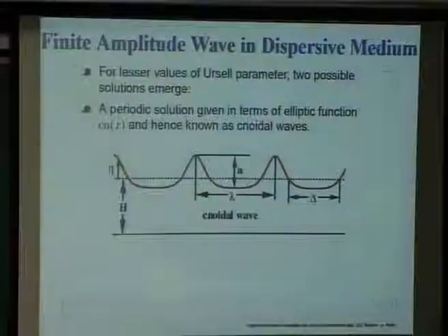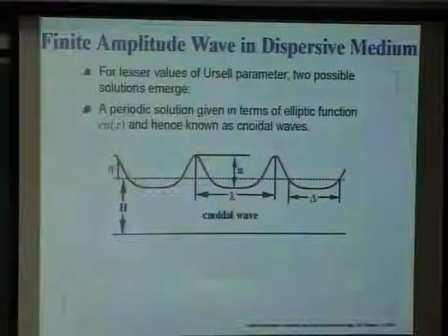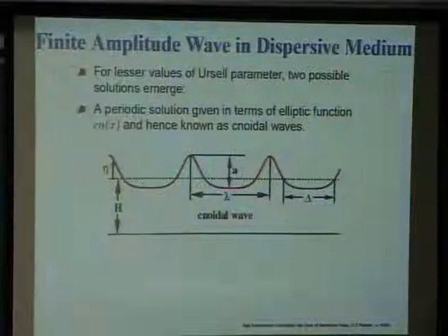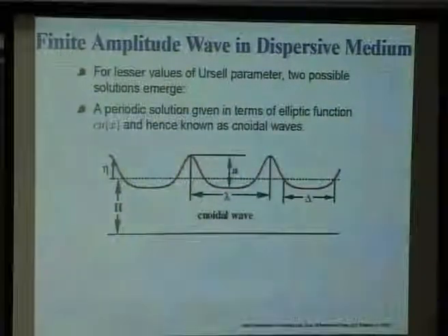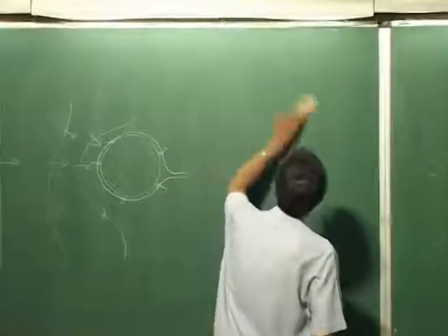For lower values of the Ursell parameter, two possible solutions are seen to occur. A periodic solution in terms of the Jacobi elliptic function called cn of x. Okay. So, let me tell you what this is.